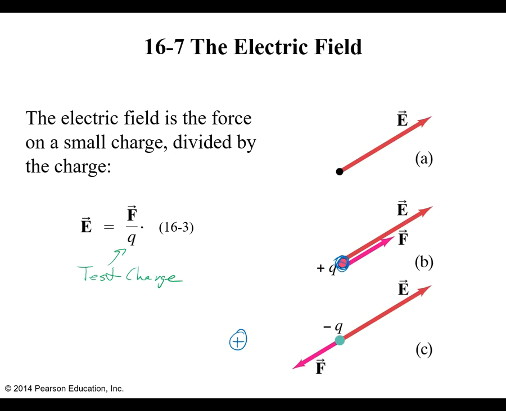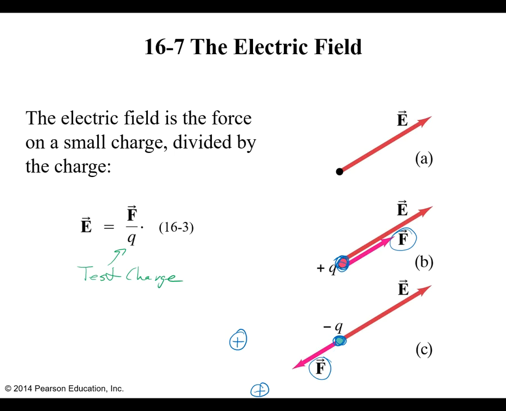Since they're both positively charged, that's going to cause them to repel. So you end up with this force that pushes little q away. But if we have that same positive charge close to a negative charge, negative q, then it becomes attractive and pulls it away.